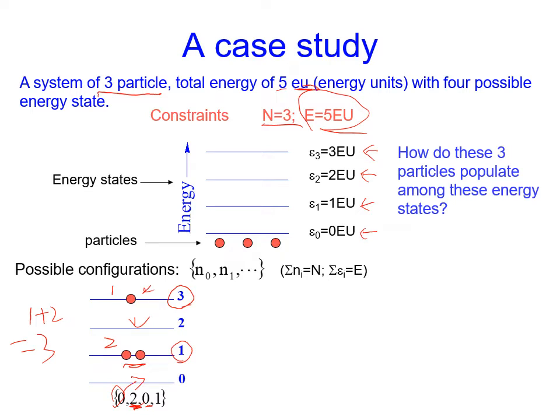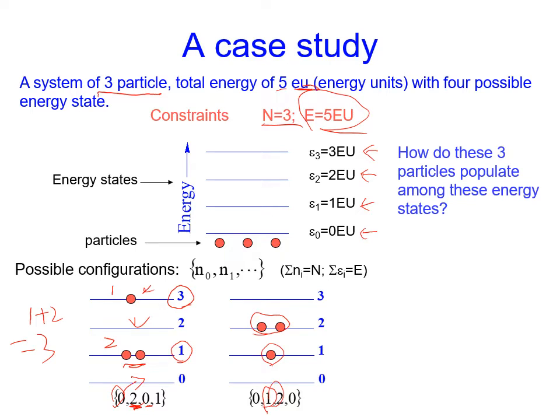A second possible configuration is that 0 at the lowest energy, 1 at the second energy, and 2 at the third energy level, and 0 at the fourth energy level. In this way, the total is 3. So 2 plus 1 is 3 particles.